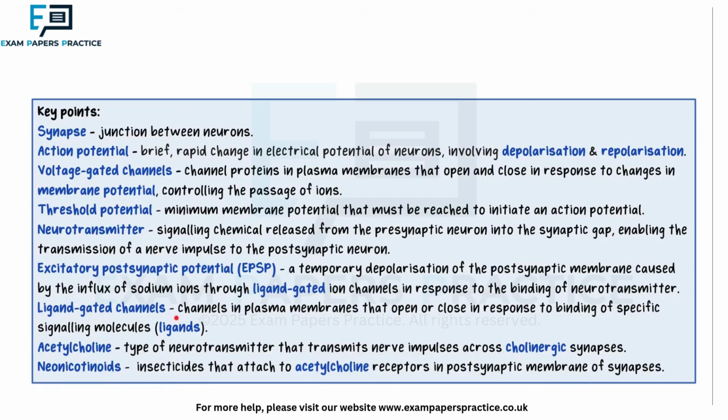Ligand-gated channels are channels in plasma membranes that open or close in response to binding of specific signaling molecules, known as ligands. Acetylcholine is a type of neurotransmitter that transmits nerve impulses across cholinergic synapses. And neonicotinoids are insecticides that attach to acetylcholine receptors in postsynaptic membranes of synapses.